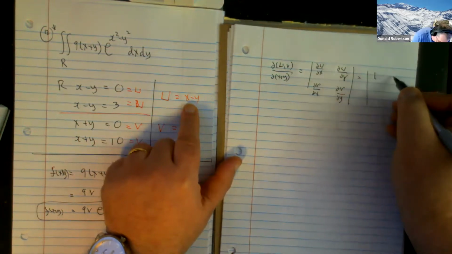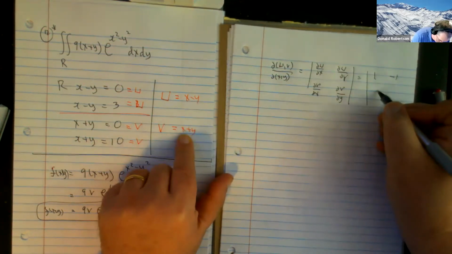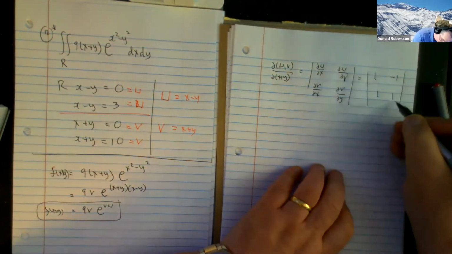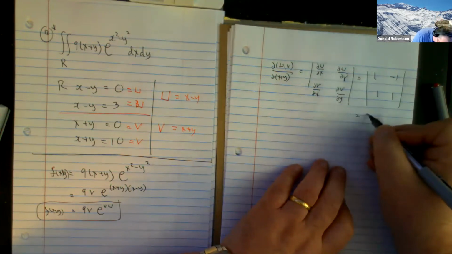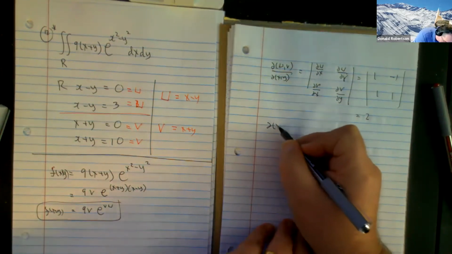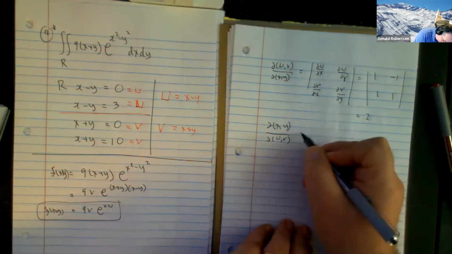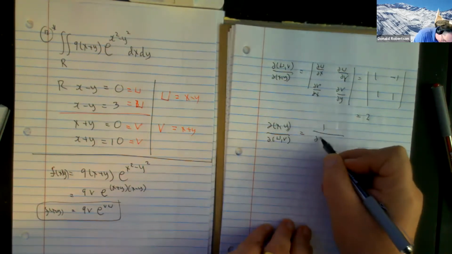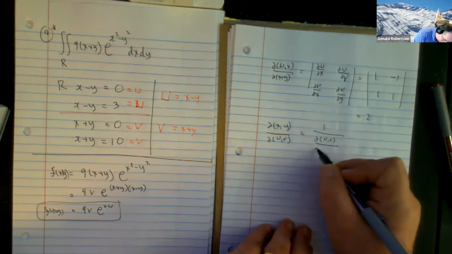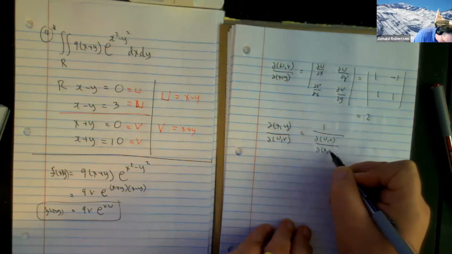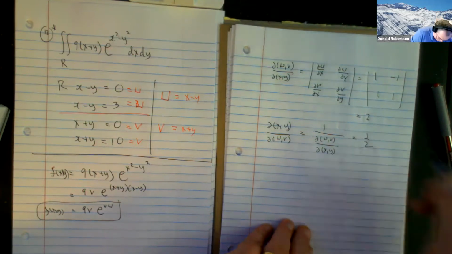You get a 1, you get a -1. You get a 1 and you get a 1. You get 1, take away -1, you get 2. So the guy we want, the real Jacobian, that one, is 1 over the guy we found.